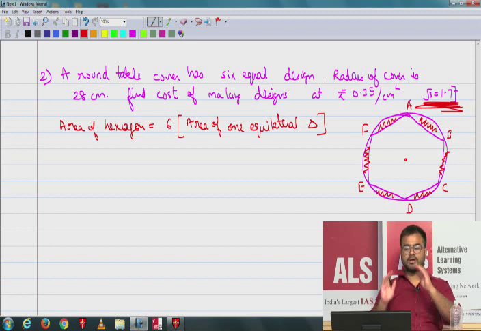First of all, find the area for the shaded region. For that, find the area of the complete circle, subtract the area of the hexagon from that.